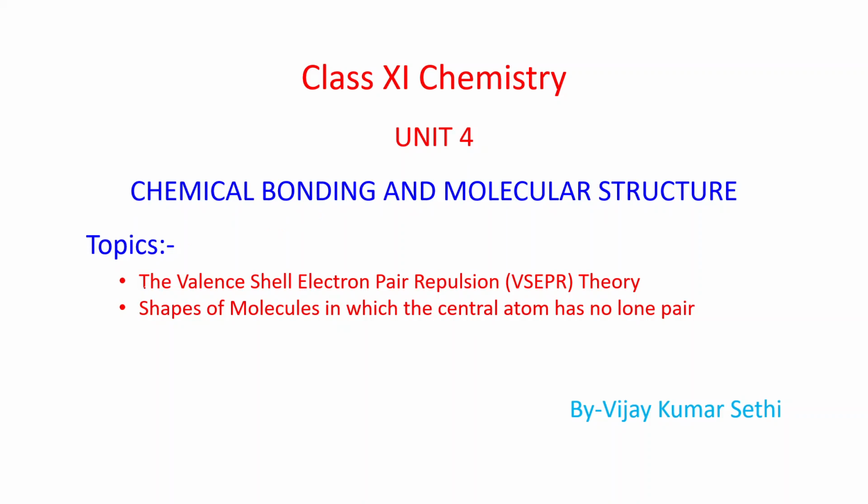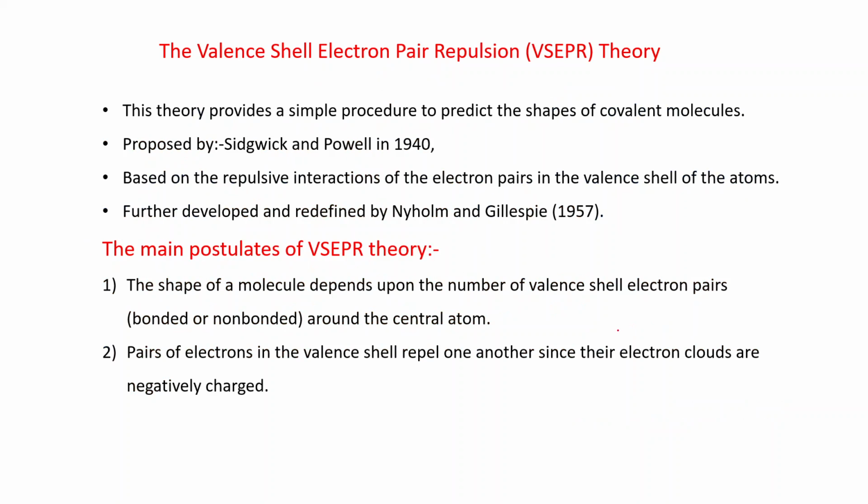In this video, we are going to discuss valence shell electron pair repulsion theory, that is VSEPR theory, and shapes of molecules in which the central atom has no lone pair of electrons. First of all, VSEPR theory.